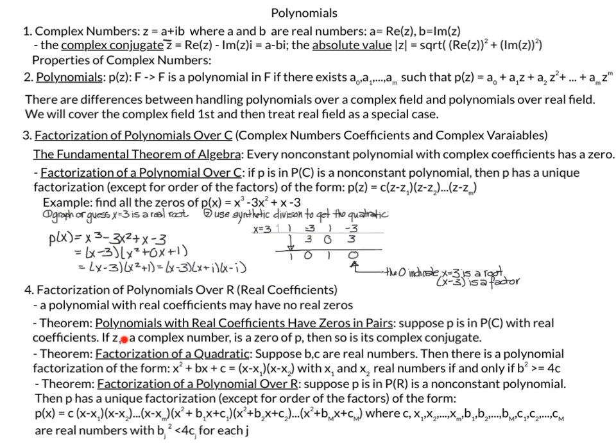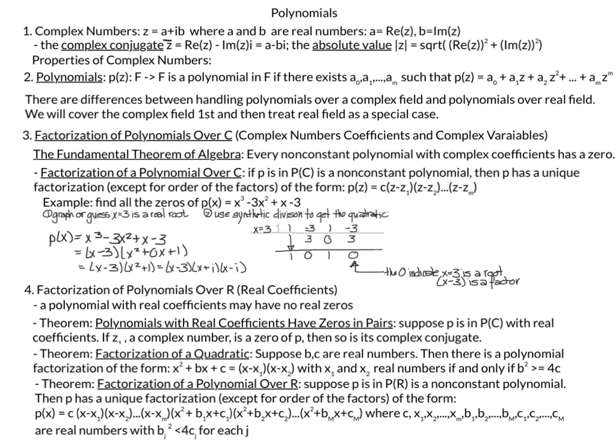If z1 is a complex number and is a zero of p, then so is its complex conjugate. That is, z1 complex conjugate is also a zero of p. We had this theorem of factorization of a quadratic. Suppose b and c are real numbers, then there is a polynomial factorization of x squared plus bx plus c if and only if b squared is greater than or equal to 4c.